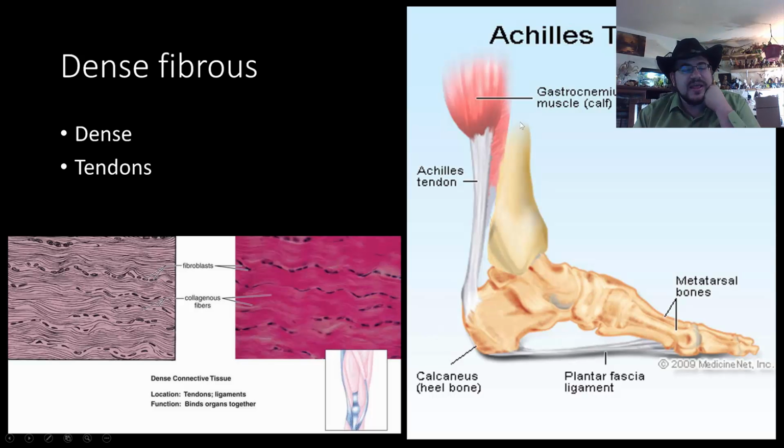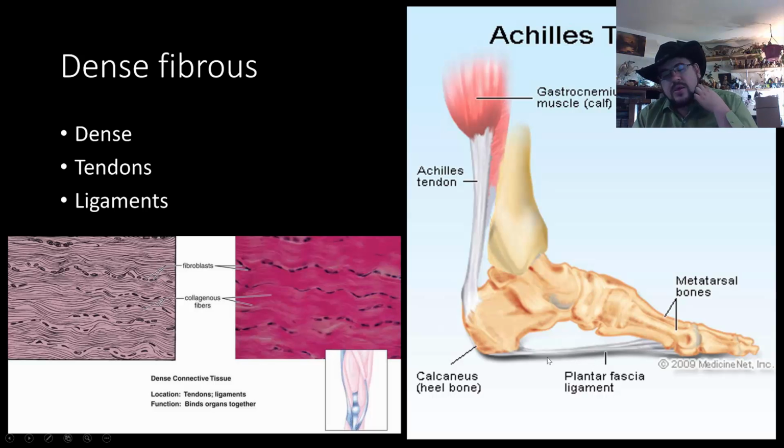So that is a tendon. Ligaments connect bone to bone. So in your ankle here, you'd find a number of ligaments around connecting the bone to the bone in order to provide stability in joints. So you'll find ligaments around joints in order to provide stability.